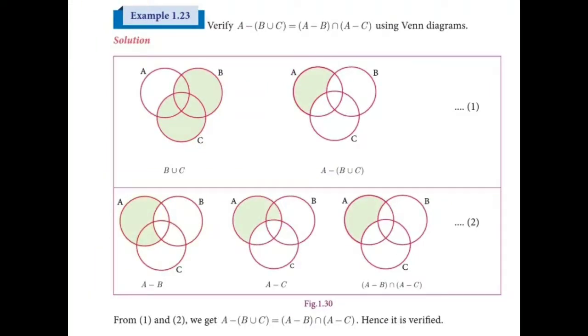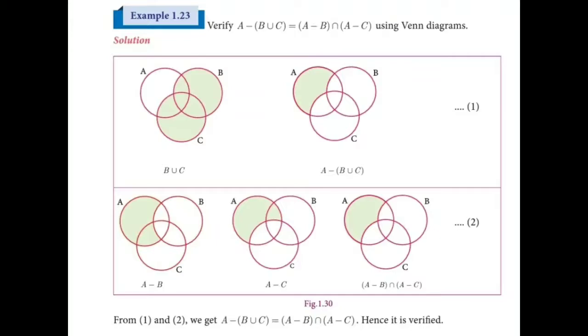Next one, example 1.23. Verify A minus (B union C) is equal to (A minus B) intersection (A minus C) using Venn diagrams. Here also we have three sets A, B and C. Solution: left hand side, A minus (B union C).